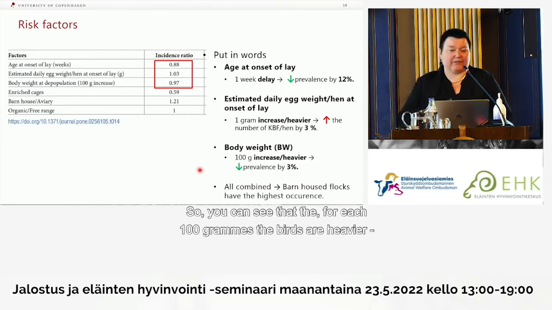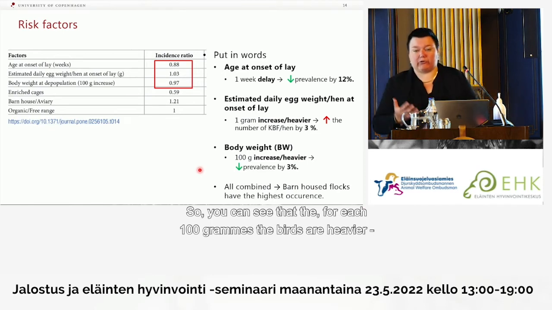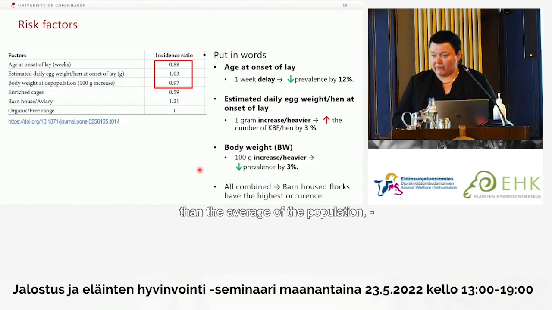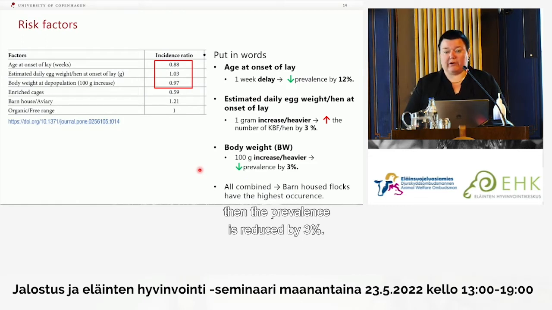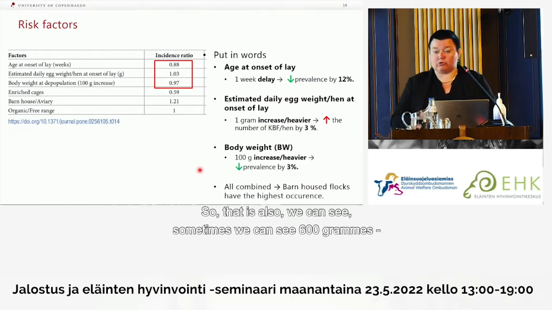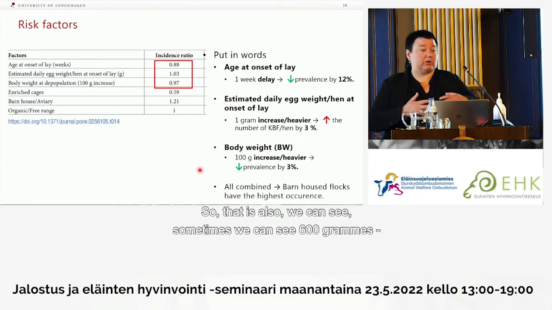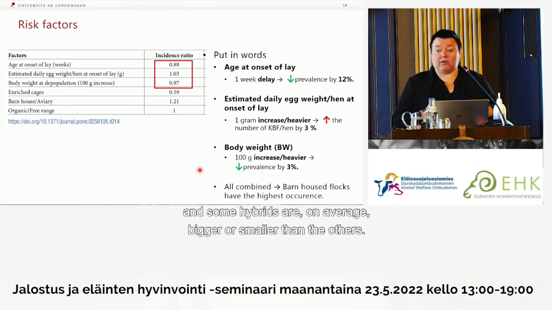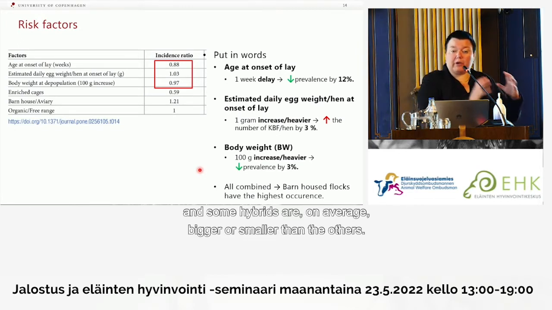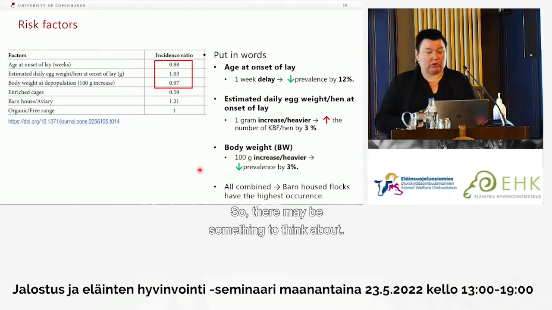For each 100 grams the birds are heavier than the average of the population, the prevalence is reduced by 3%. Sometimes we can see 500-600 grams of difference within a flock of birds, and some hybrids are on average bigger or smaller than others. So there may be something to do here.